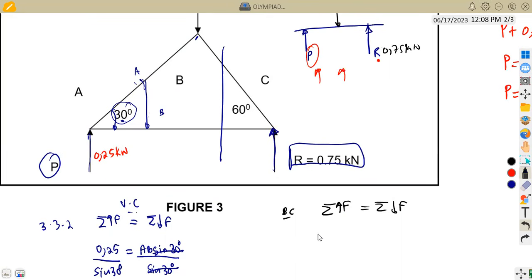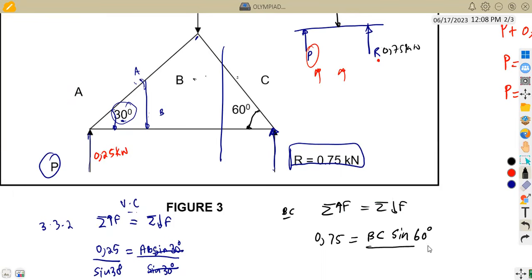So 0.75 will be equal to BC, which is the one we are working with, BC sine of theta. Remember, vertical components use sine of theta, the angle between the force and the horizontal, which is 60 degrees. So that will be sine 60 degrees.